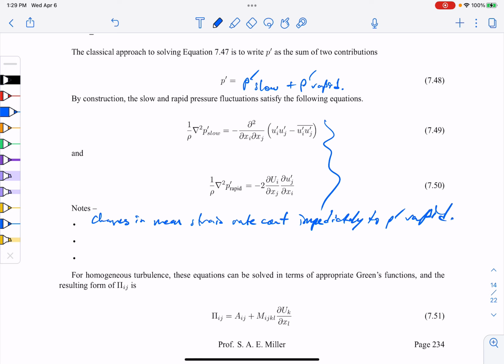And that's because there's a mean velocity gradient which appears exactly in equation 750, which is right here.